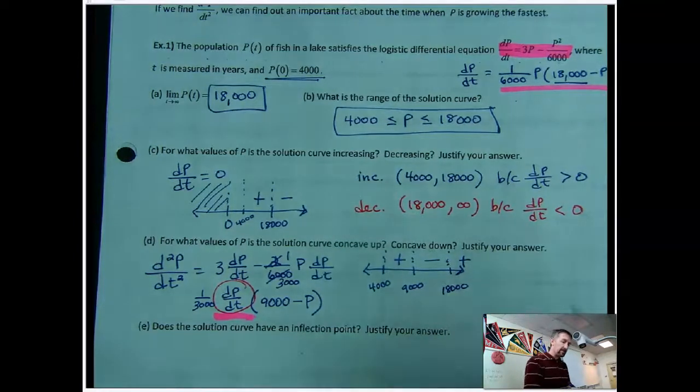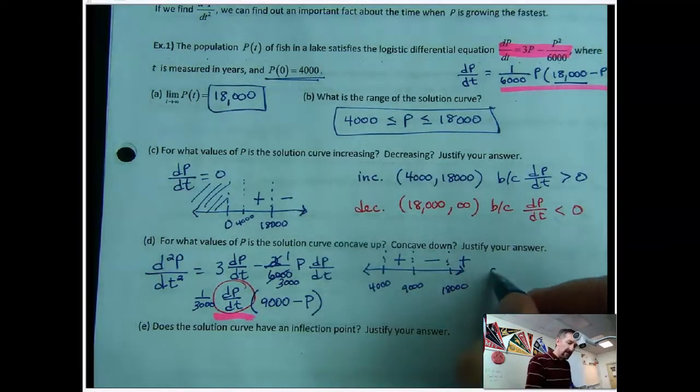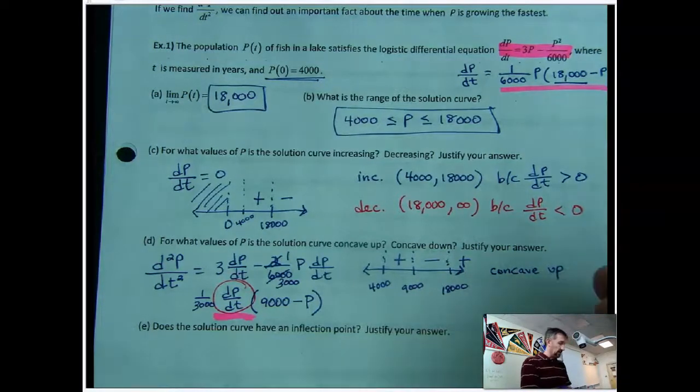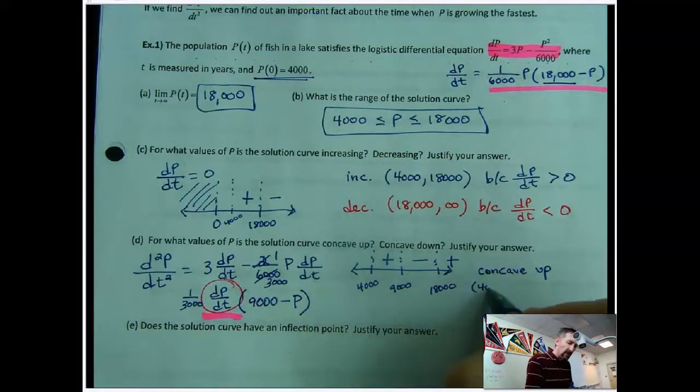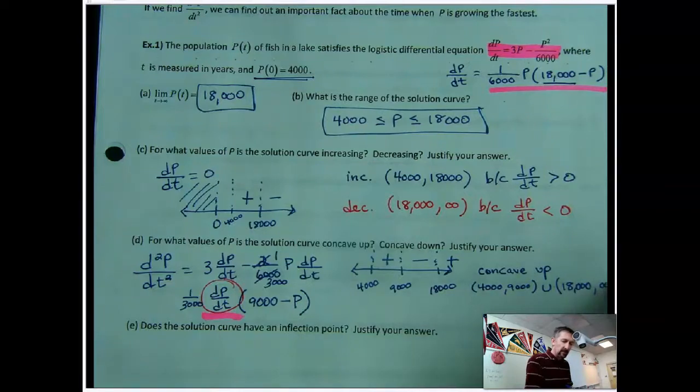So we have that. So we have concave up from 4,000 to 9,000, union with 18,000 to infinity. Infinity seems a bit much, but technically.